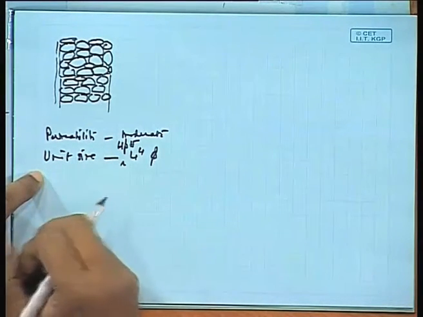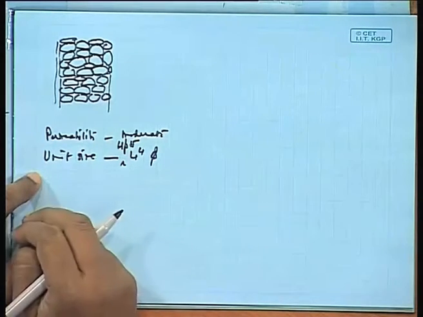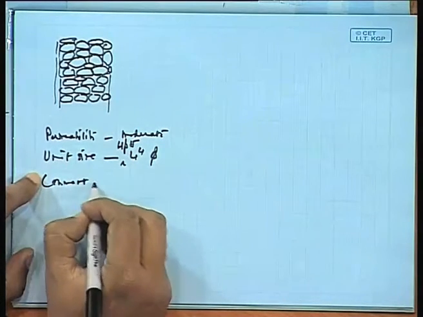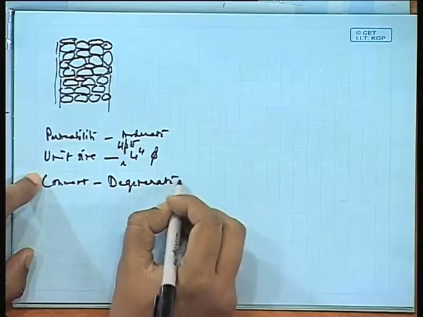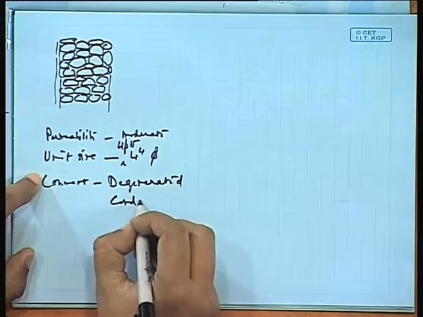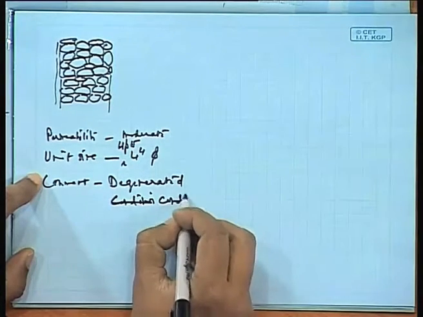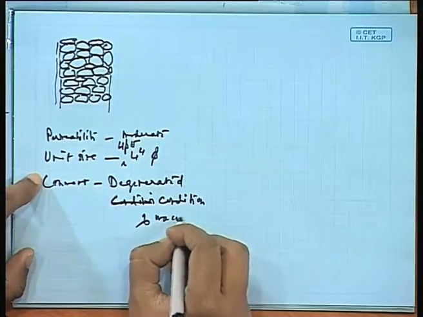The comment you can write is: degenerated condition of massive soil.